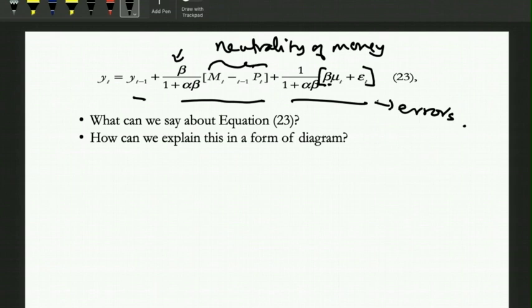Now what can we say about equation 23 here? It is actually the basic static model solution for YT. And if you see here, it is in linear form because you don't see any power for MT and also T minus 1 PT and also YT minus 1, isn't it? So here we know that it is a linear form.